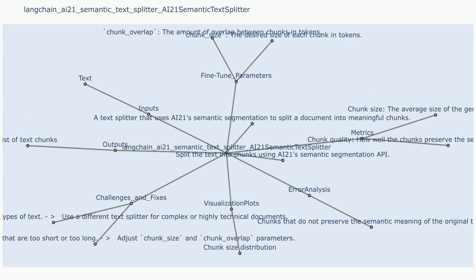Challenges and fixes. Challenge 1: handling complex sentences with multiple clauses or long noun phrases. Sample use case that resulted in Challenge 1: splitting a sentence like "The company, which was founded in 2000, announced its plans to expand into new markets, despite facing some challenges in its current operations."